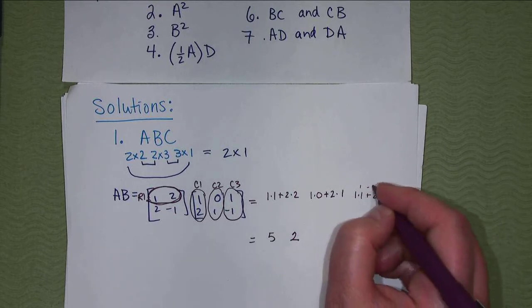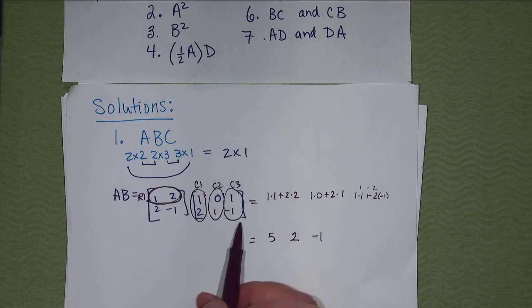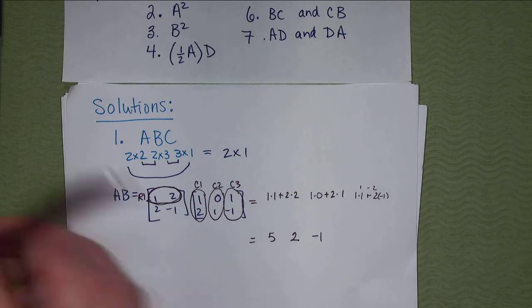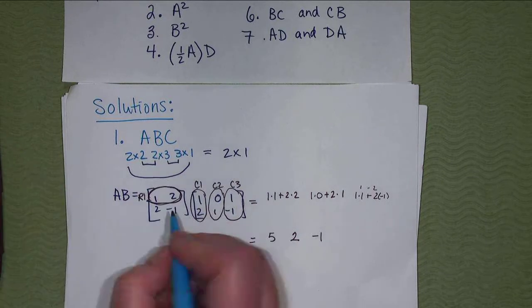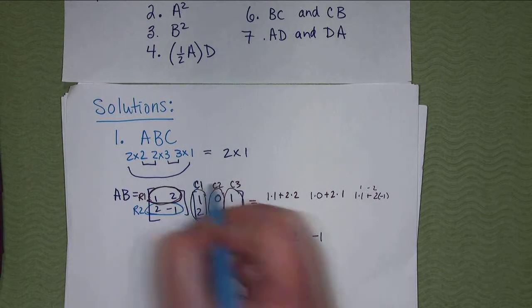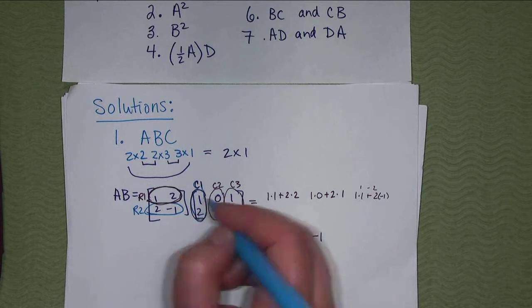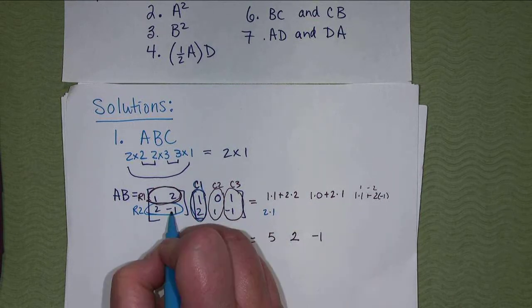So now I have no more columns to go through with row 1, so now I go to row 2. And that will fill in row 2 of my answer. So row 2 is here, and then I'll circulate through. Row 2 with column 1 will be 2 times 1 plus minus 1 times 2, 0.